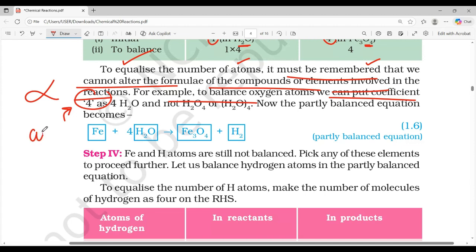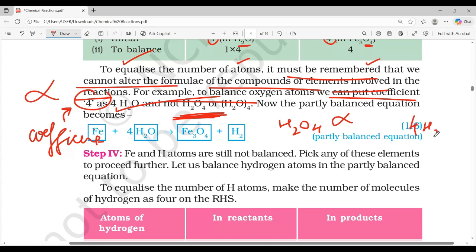I hope you have already studied coefficients in math, right? For water, not H2O4 we have to add here. So H2O4 is wrong because the formula has changed. But 4H2O is correct. So you have to do this and not this.